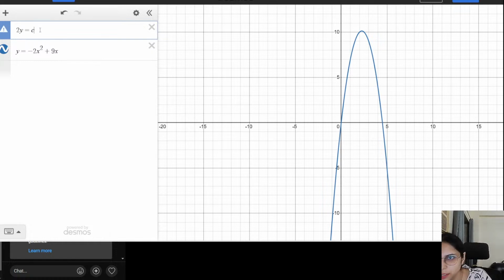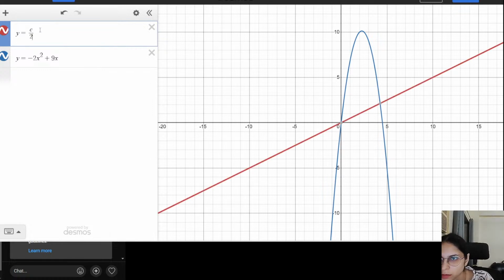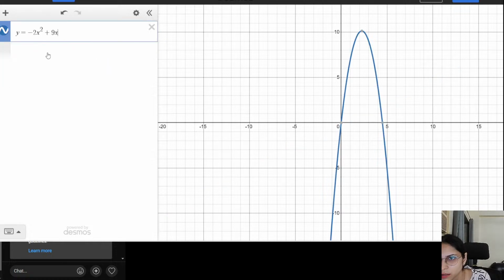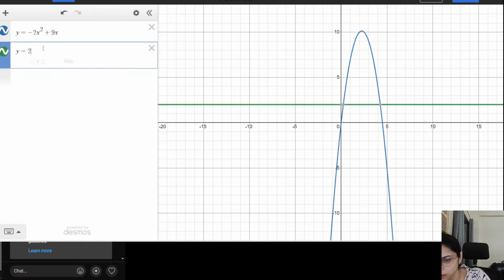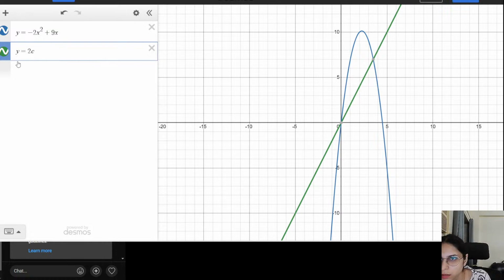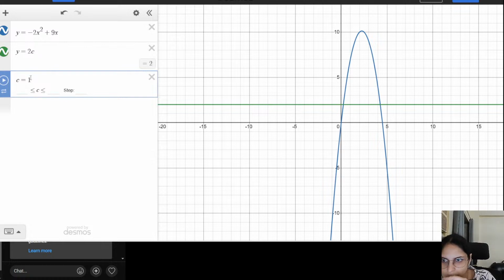Oh, in this particular case, why is there no slider? Okay, let me check. Oh, you can also use slider like this.